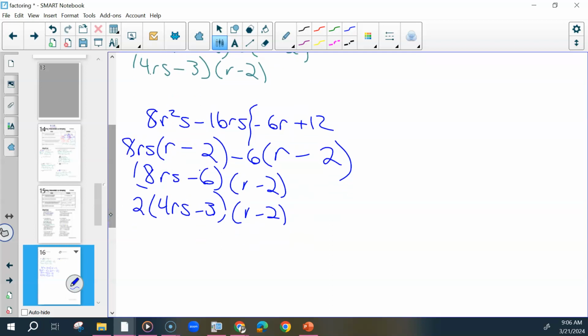So you can either change that GCF at the end, or you can change it at the beginning. You just have to do one of the two, otherwise it's not fully factored.